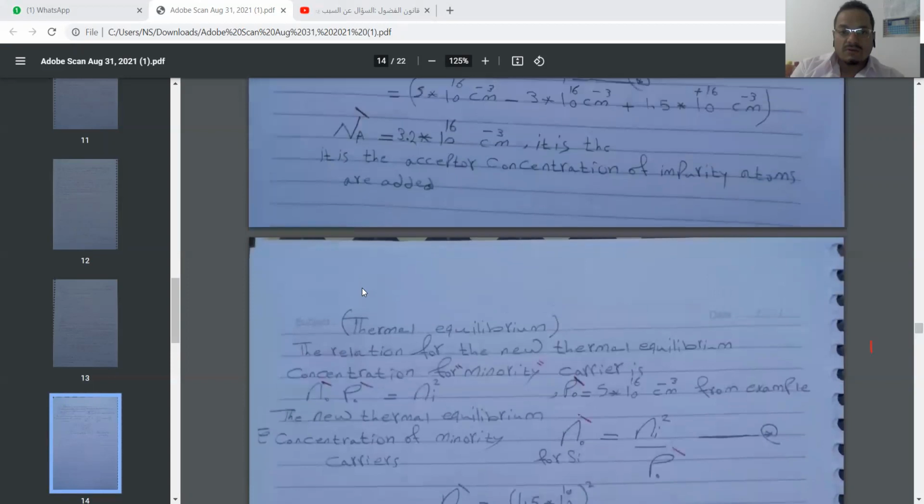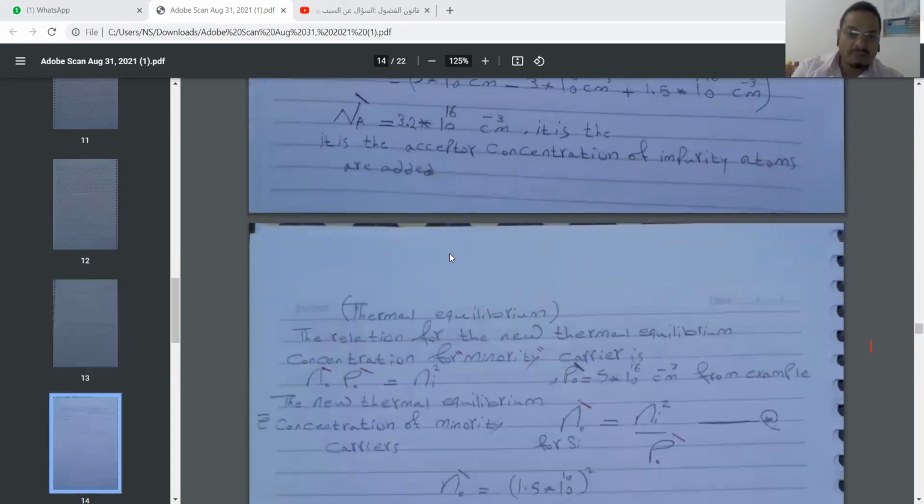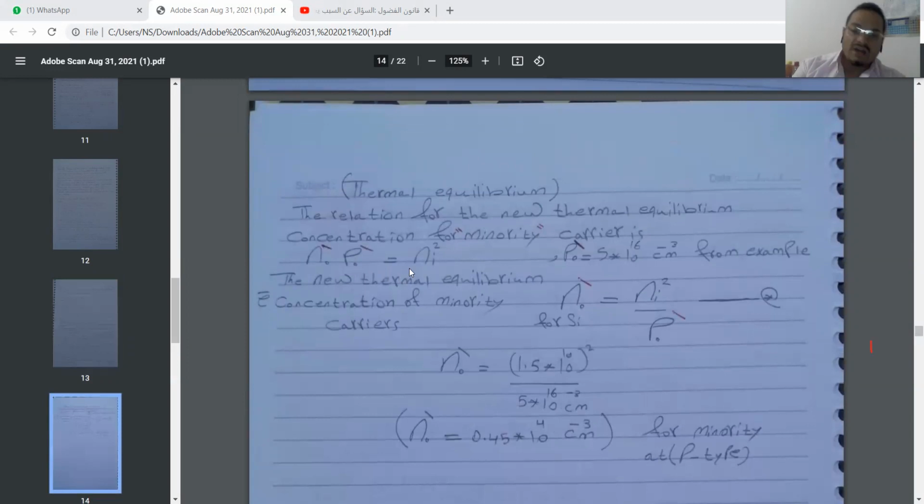Like I said before, we have the result of the new hole concentration at thermal equilibrium, and Ni will be the same for silicon at room temperature, equal to 1.5 times 10 to the 10.